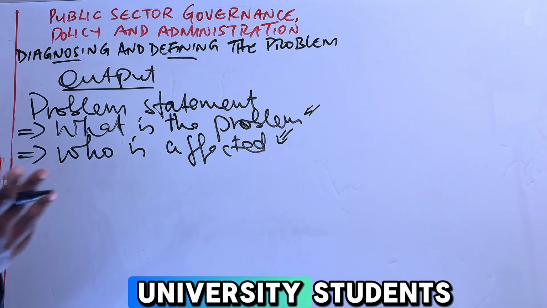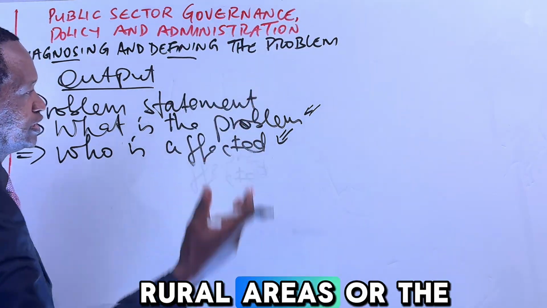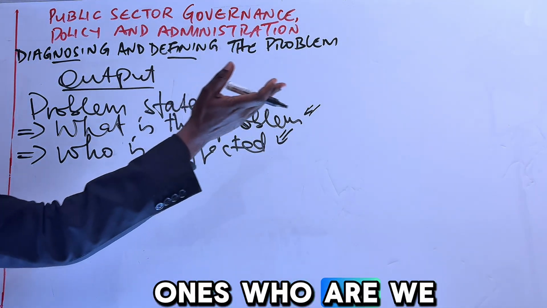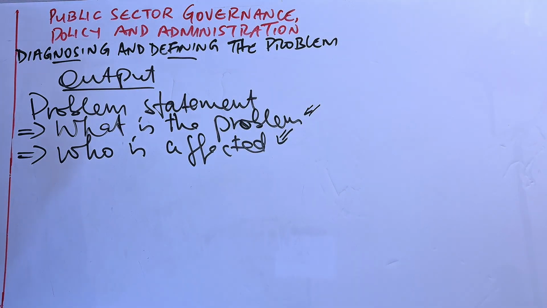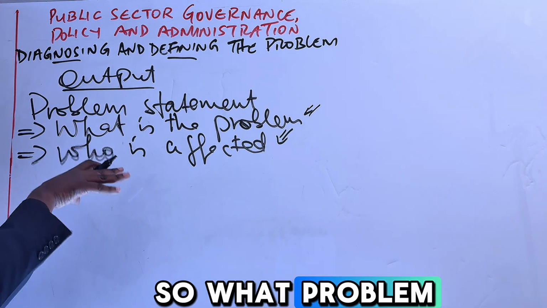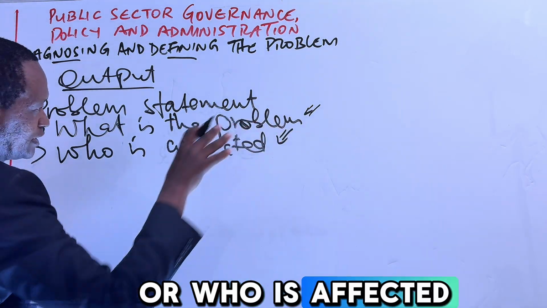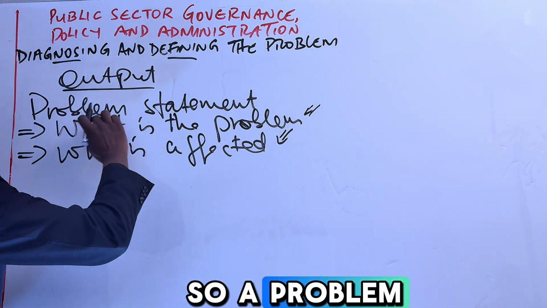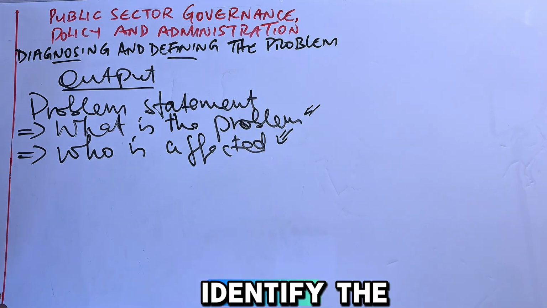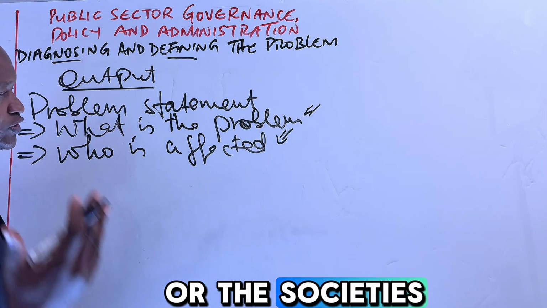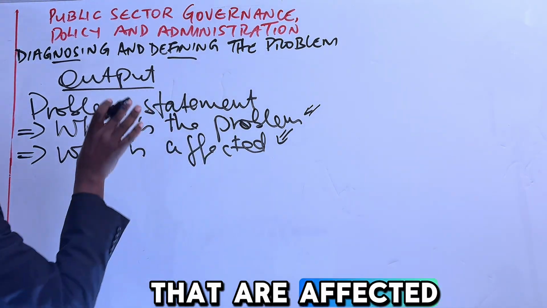And if they are university students, are they in the rural areas or the ones we see here in town? So a problem statement will identify the individuals or the societies that are affected by the problem.